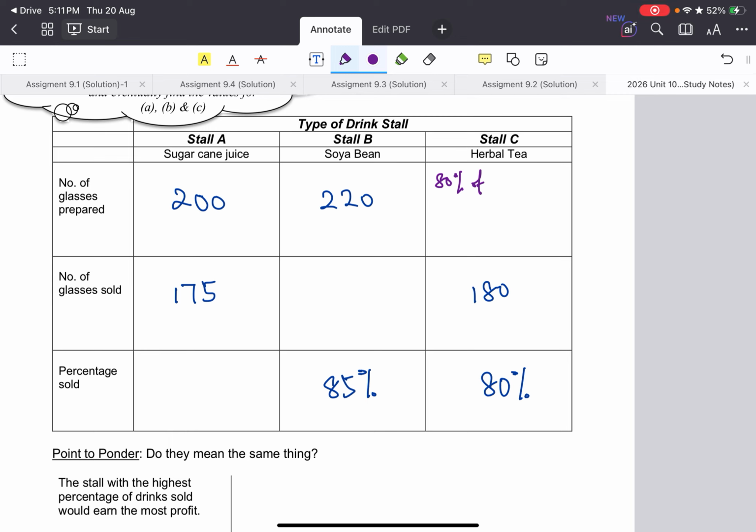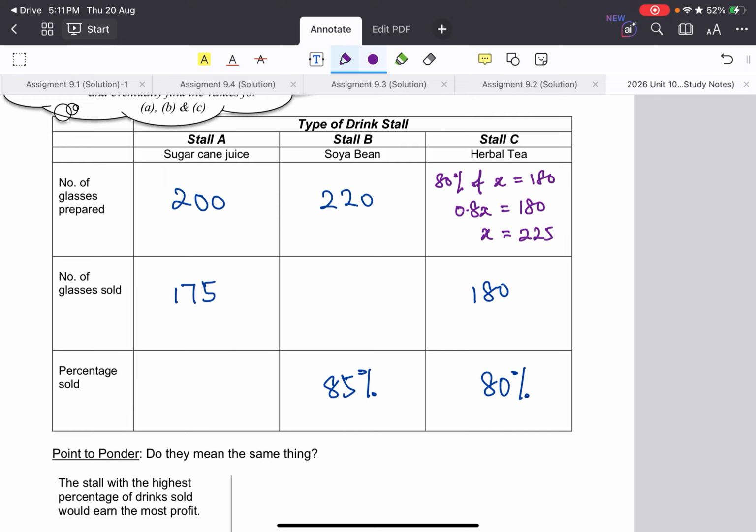So 80% of x is 180. 80% means 80 over 100, which is 0.8. That means 0.8x, the unknown we are trying to find, is 180. So the number of glasses prepared for herbal tea is 180 divided by 0.8, which gives us 225.